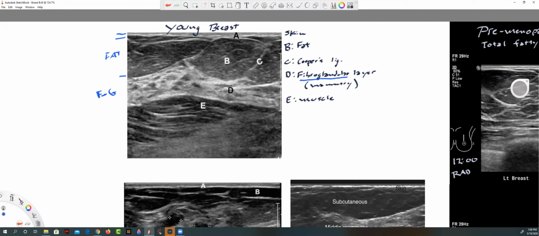The glandular part is these, which are basically TDLUs, terminal ductal lobular units. And some ducts, like here's a duct traveling along here.